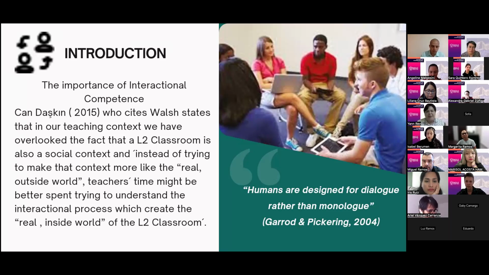However, what happens when we try to use those interactional resources that we have already learned since we were born, but now apply them to acquiring a second language? Is it easy for our learners to develop this interactional competence?